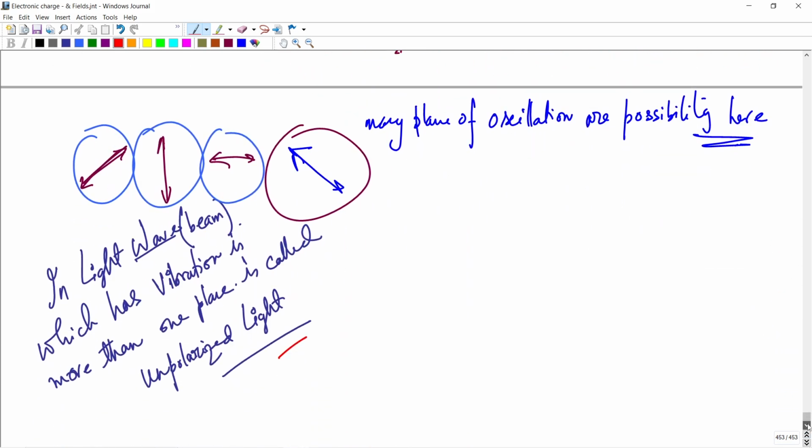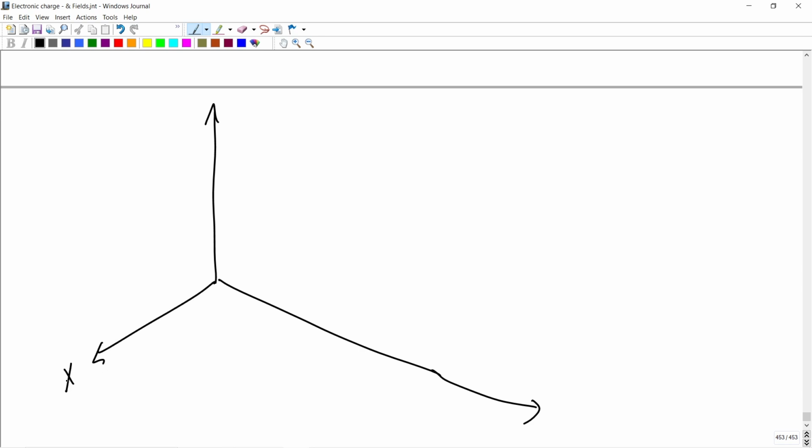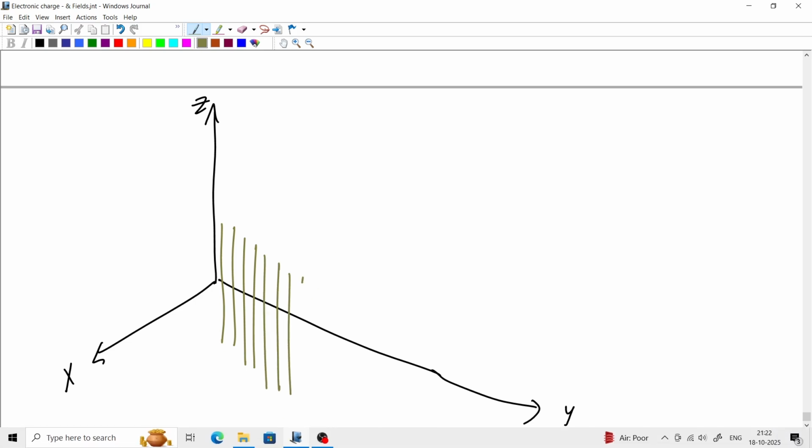Go to the next page, and there is an X, and suppose there is a Y and a Z. Here is the electric field in that direction.